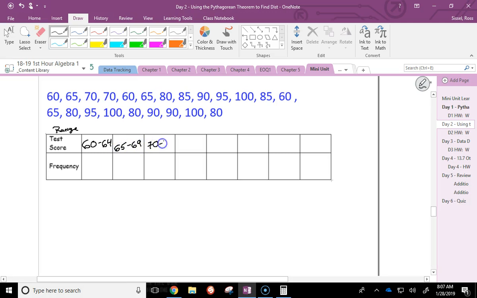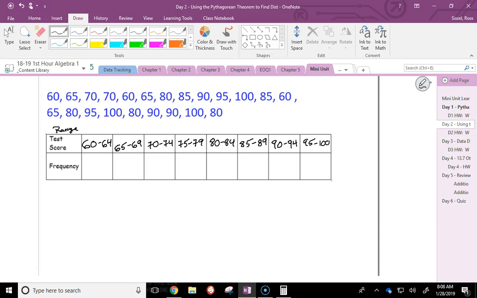Then 70 to 74. 75 to 79. 80 to 84. 85 to 89. 90 to 94. And 95 to 100. If I needed to add more boxes to it, we could.